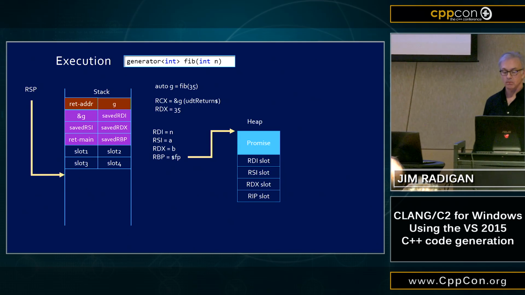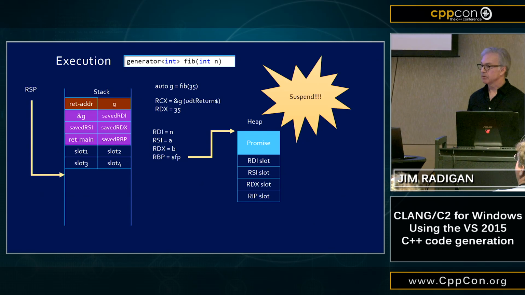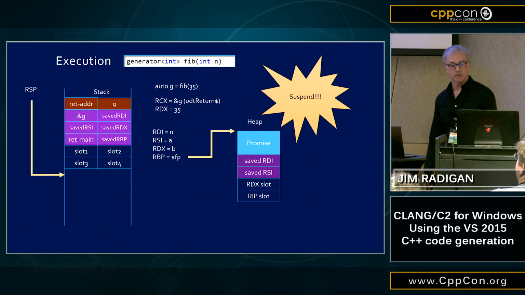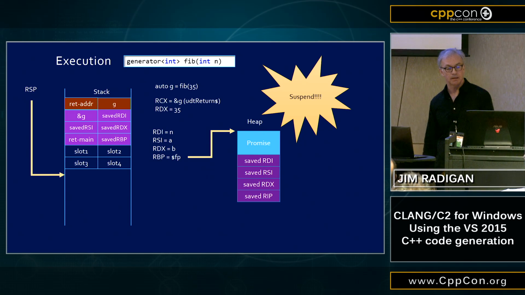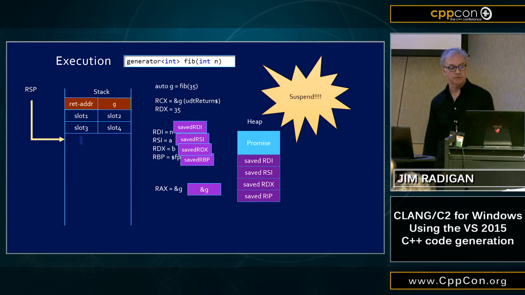Then when we call, we'll actually create the coroutine on the heap, and then we're going to suspend. And then what we'll do is save the registers that are in the coroutine body. We'll unwind and restore the registers, and we're back. That's really pretty quick. That's what happened on each iteration of that loop.